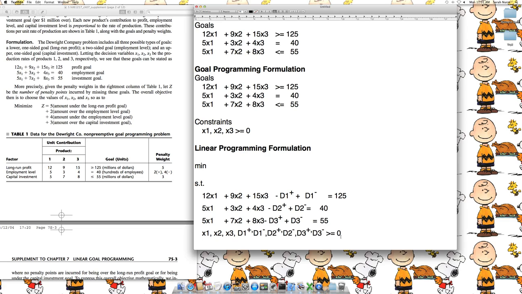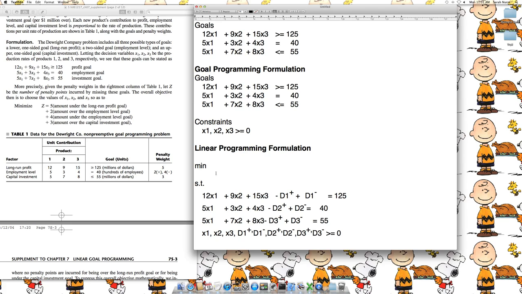Now I need to decide what's my objective function. And so I can penalize these weights differently. So if I care about goal 1 more than I care about goal 2, then I'm going to penalize any deviation from goal 1 more than I'm going to penalize a deviation from goal 2.